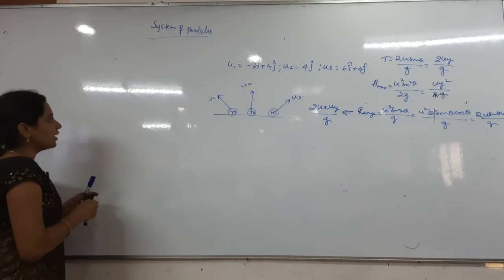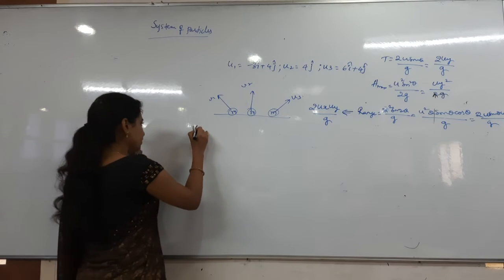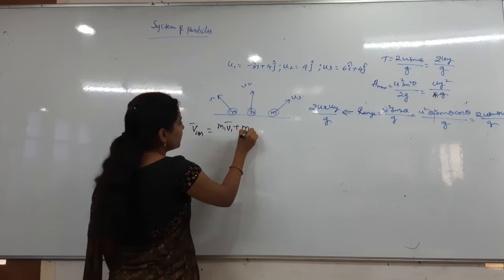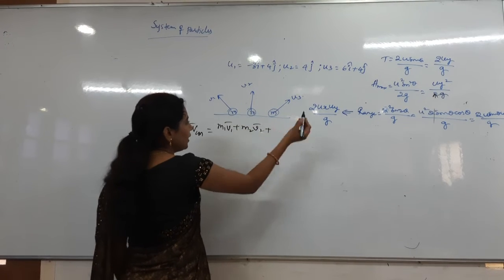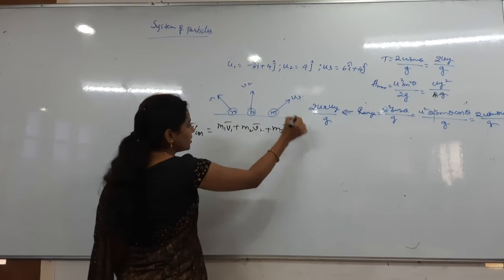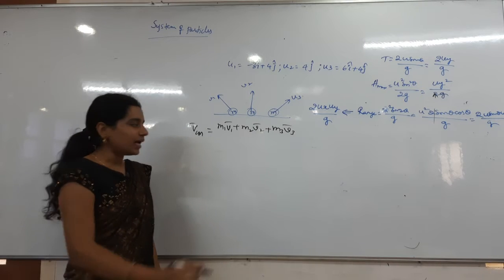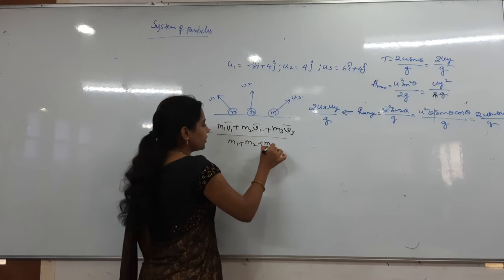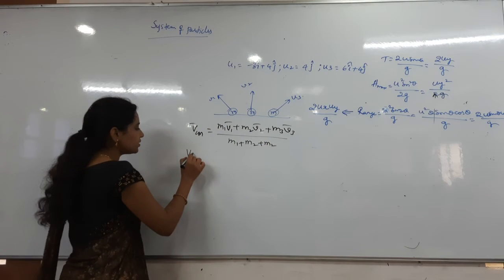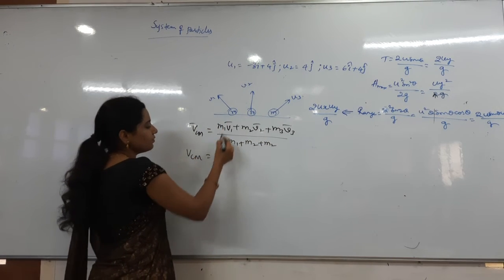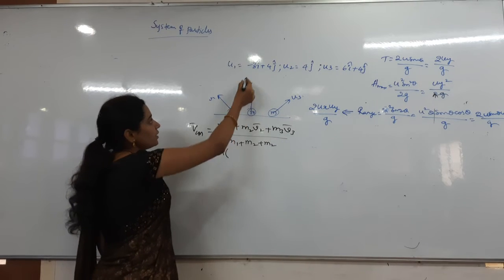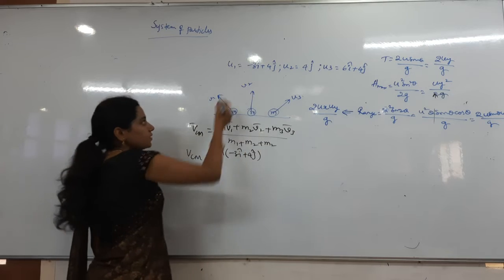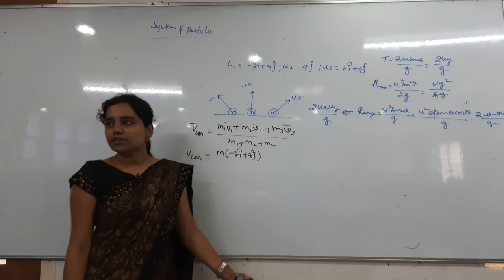Then the velocity of center of mass formula Vcm is equal to m1 v1 bar plus m2 v2 bar plus m3 v3 bar, because here 3 masses are lying, divided by the total mass m1 plus m2 plus m3. Then Vcm is equal to m1 times v1, which is minus 3i cap plus 4j cap. This is the velocity v1 or u1, anything is same only.